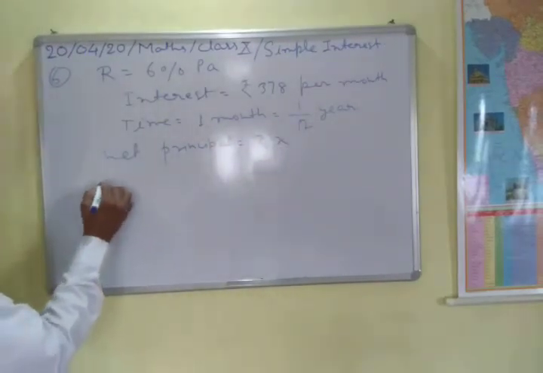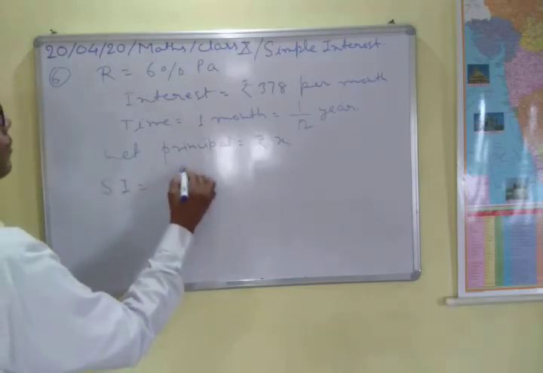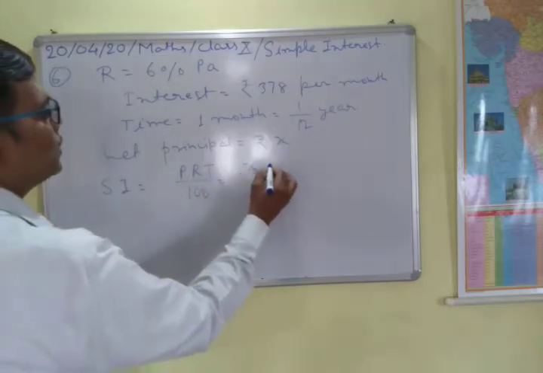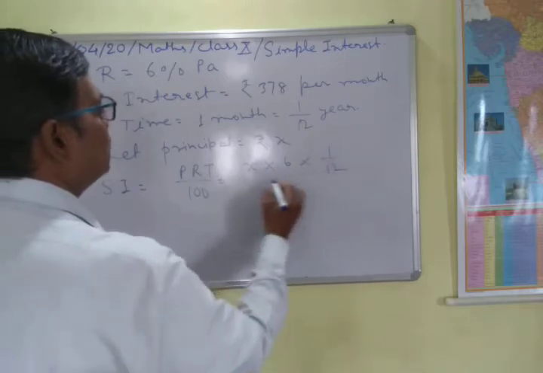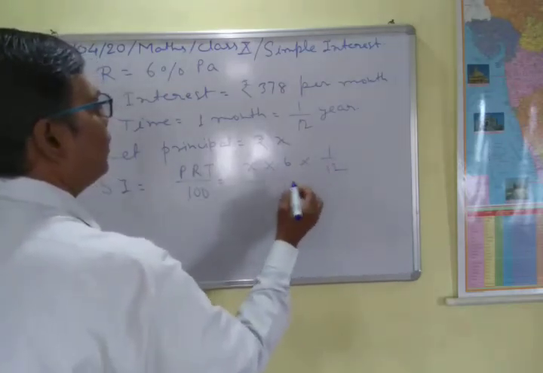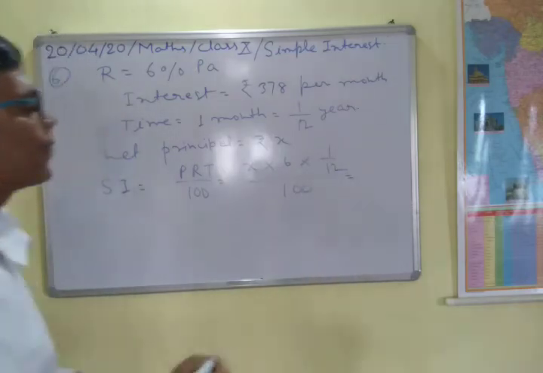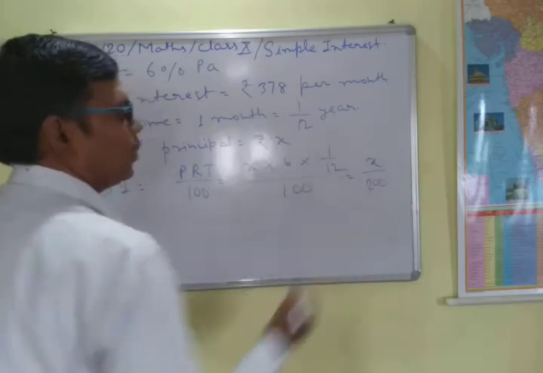So simple interest will be equal to P into R into T by 100. So principal is x and R is 6% and time is 1 by 12. This by 100. So this will be equal to x by 200.